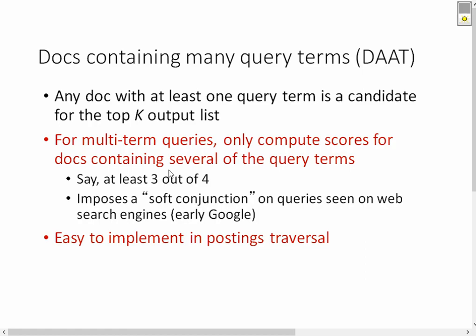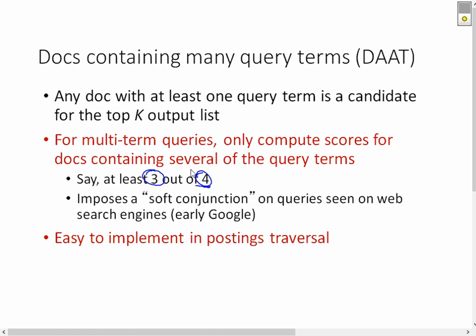Again, this concept of looking at many query terms. For example, other than the example we had, if we had 4 different query terms, home, mortgage, interest rate, we could make it a rule that I'm not going to take any document that doesn't have at least 3 of them. Maybe I can even start by saying I'm only going to take documents that have 4, and then if I don't have enough documents to fill out the 100 documents, or whatever the value of K is, I can say, okay, maybe I'll take some that have 3, or maybe ones that have 2.